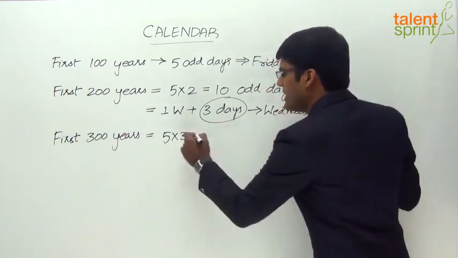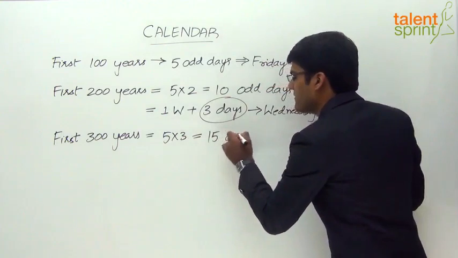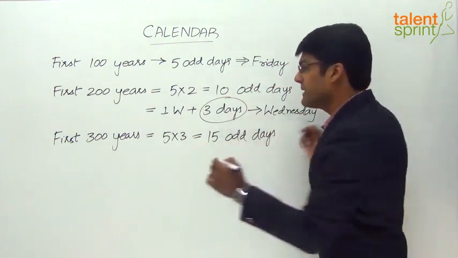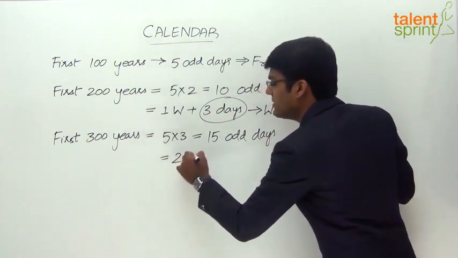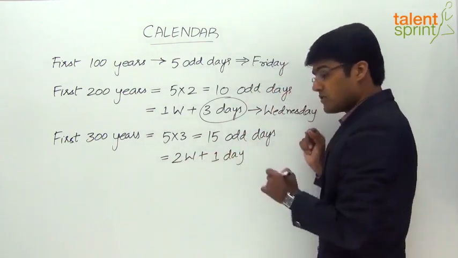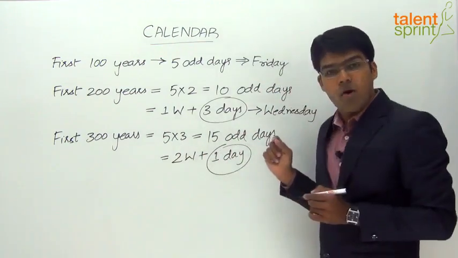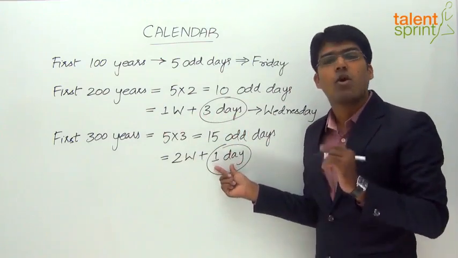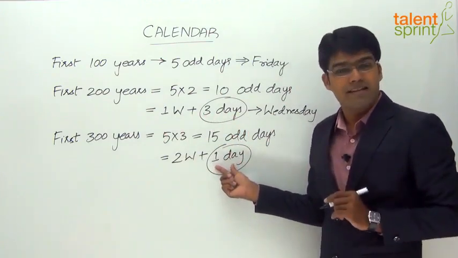So the total number of odd days would be 15. But 15 odd days can again be split as 2 weeks, which is 14 days, and 1 additional day. So the actual number of odd days in the first 300 years is only 1, and 1 indicates Monday.